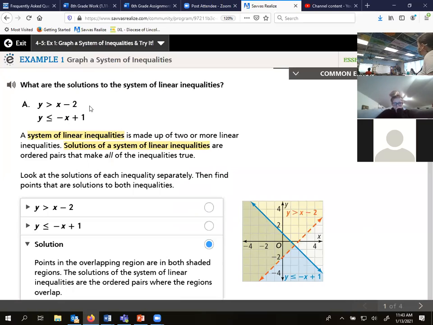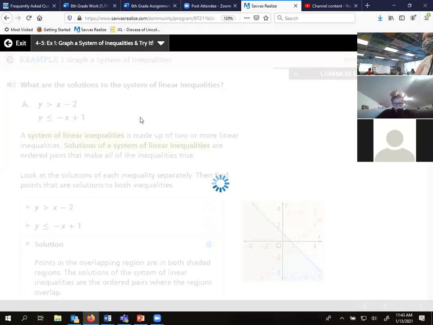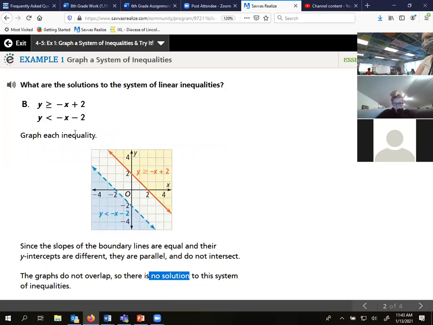Yeah. 0 is less than or equal to 1. Is that true? Yeah. So it is a solution. It's in that double shaded area. Okay. These will never have points that you could get both of these to be true. That's why you have no solution.